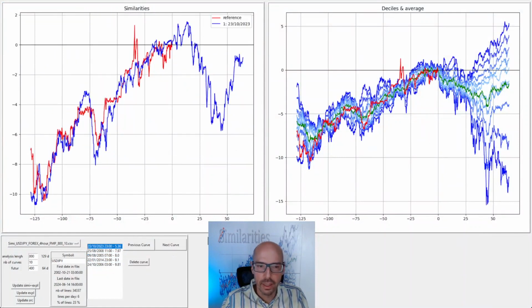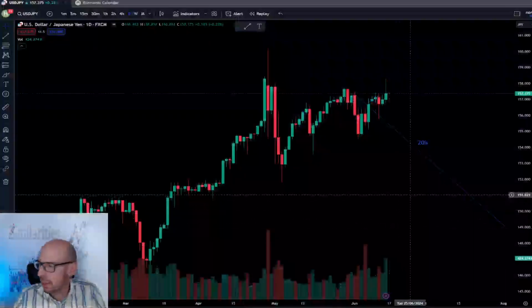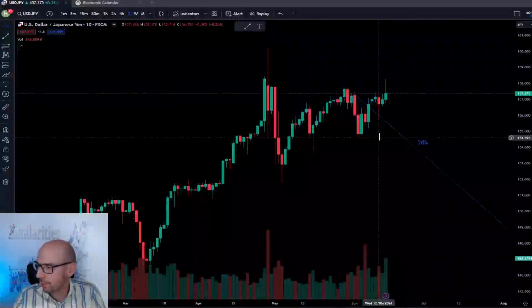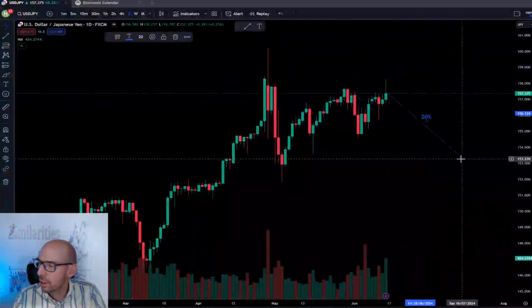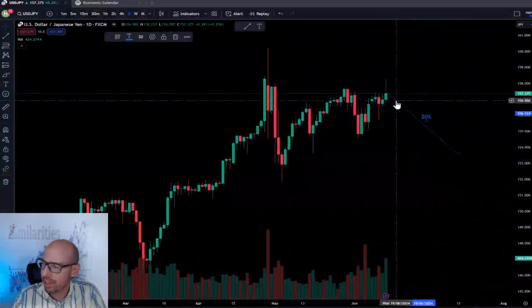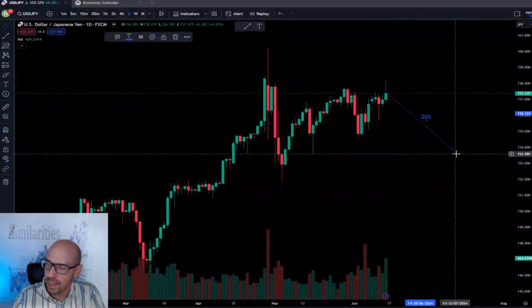So the average is down behavior for the next 25 days, and then there's more volatility after that. If I go back to the TradingView graph, I would expect something like 2.5% down for the next 25 days.